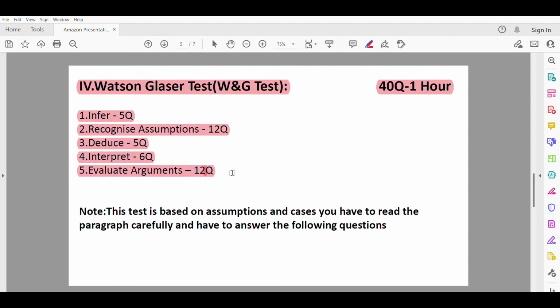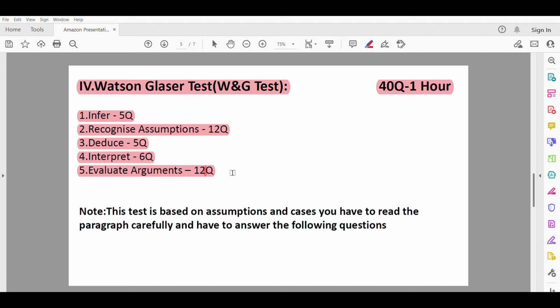You will be given one sentence, two sentences, or one story, and from that we will be given two assumptions. We have to choose whether option one is correct, option two is correct, neither is correct, or both are correct. So you have to clearly read each and every word of the sentence and answer that question.